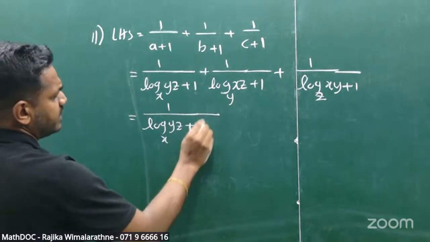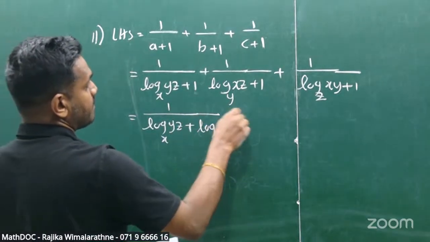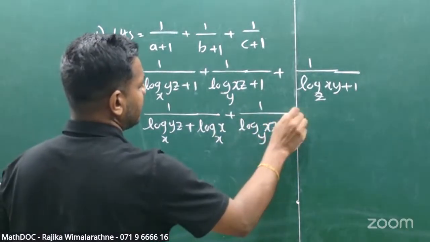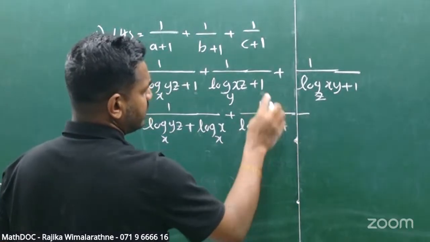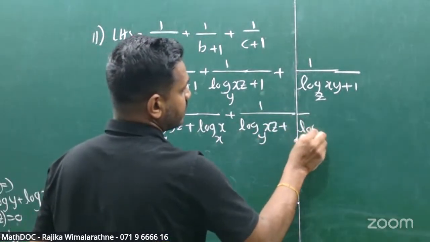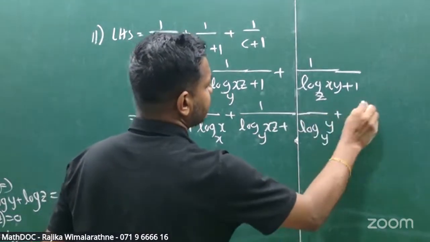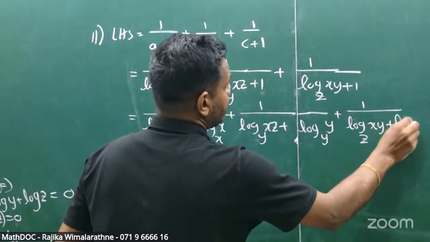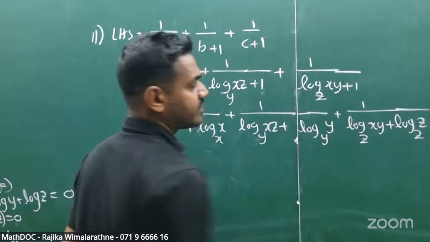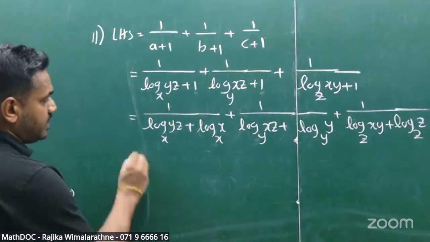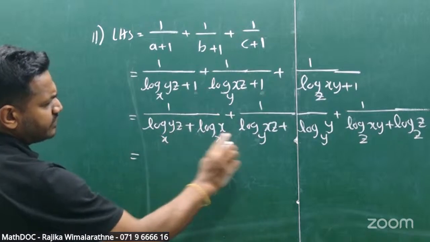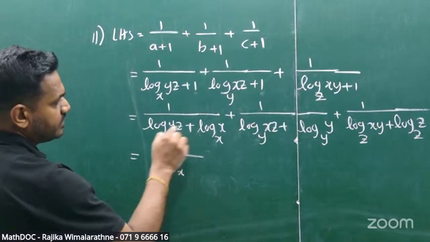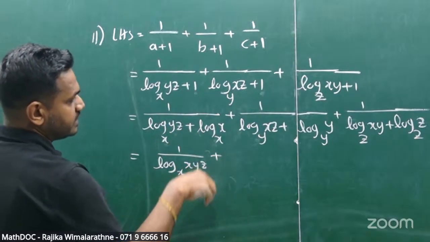Then 1 over log x base yz: instead of this 1, write log x base x. Here log y base xz plus, instead of 1, write log y base y. Log z base xy plus log z base z. Now addition we can write as product, since we have same base x. Here product xyz.